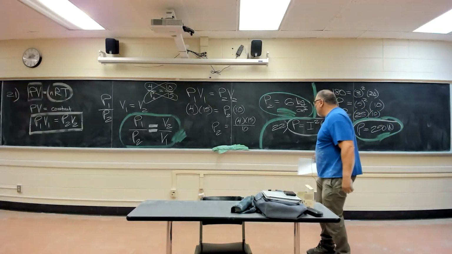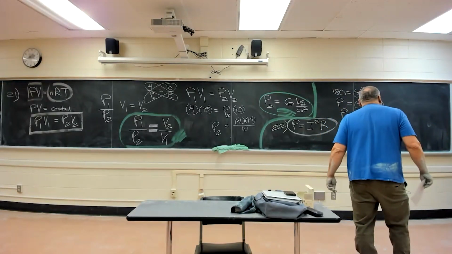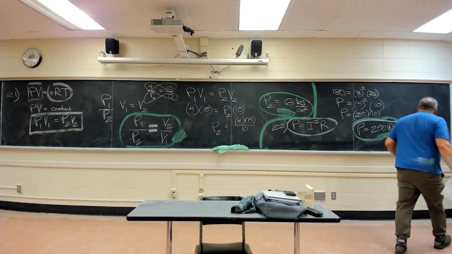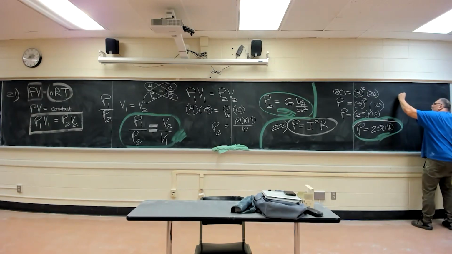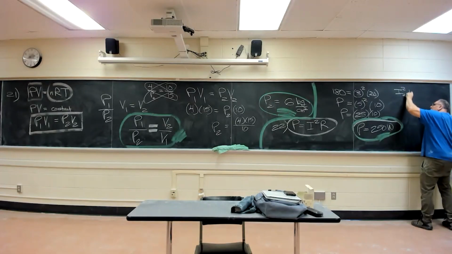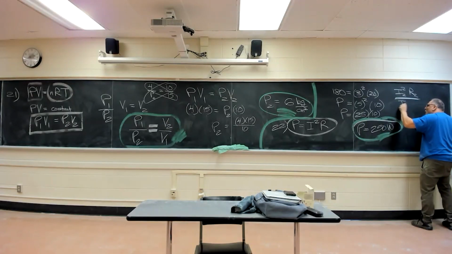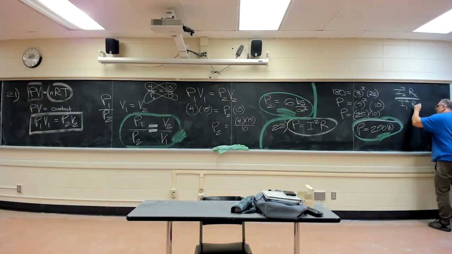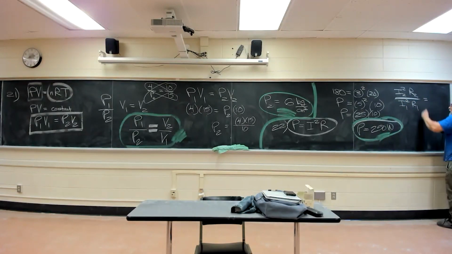There are a number of ways you could have played this. You could have said, well, what's the second scenario? Well, it's I sub 2 squared times R sub 2, and then compare it to I sub 1 squared times R sub 1. I don't know what the power is here. I know it's 180 right here.